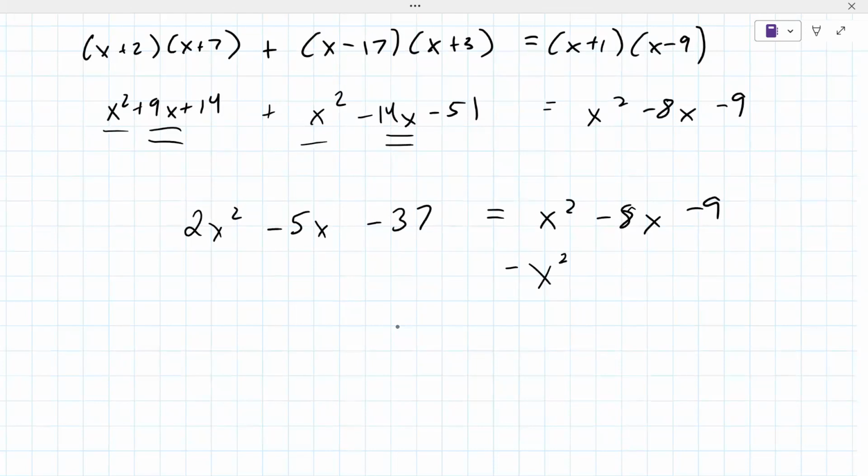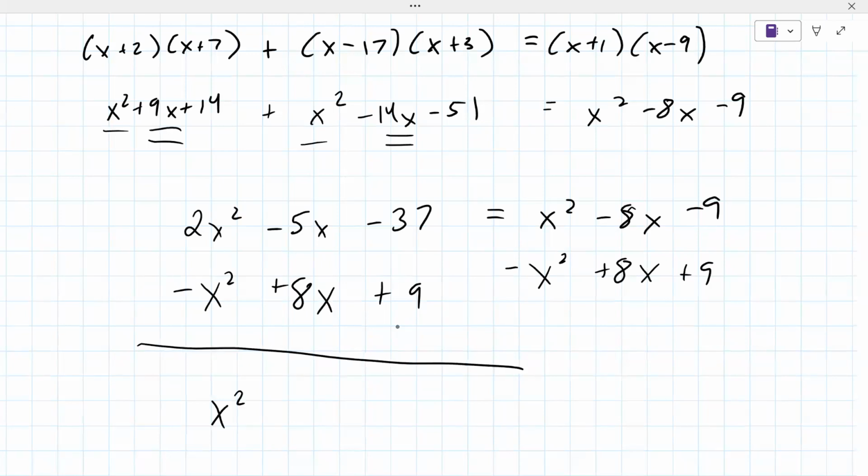And then you can move some things around. Now it still may be no solution, but it may be that there is a solution depending on this. So it all comes down to whether we can do anything with this.